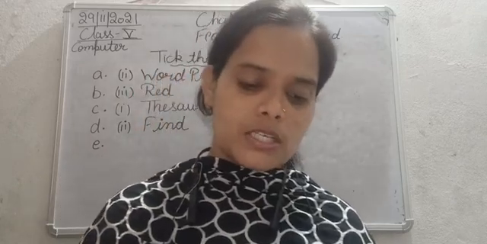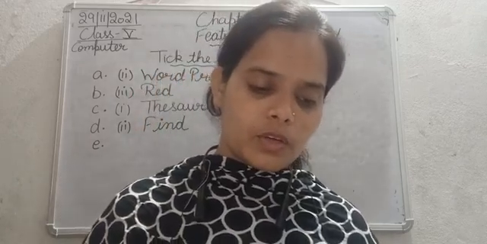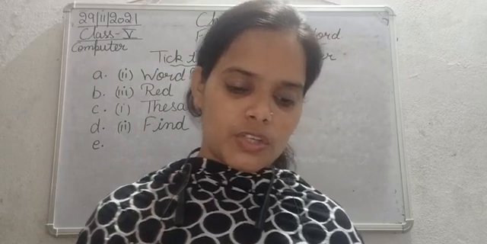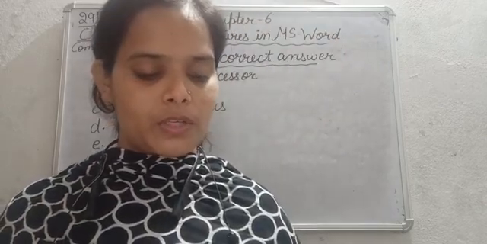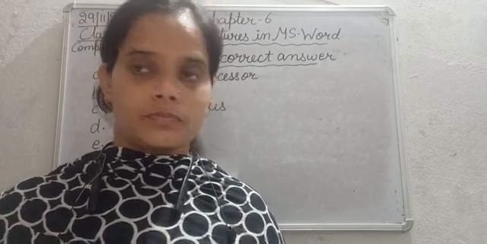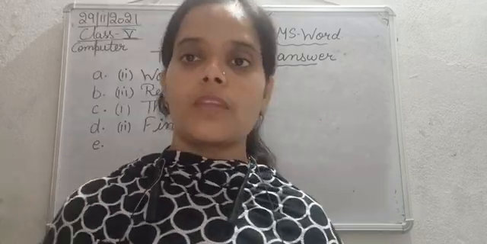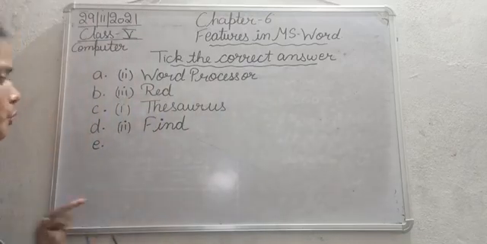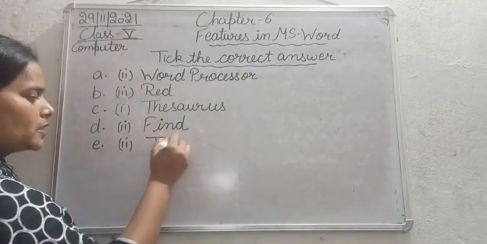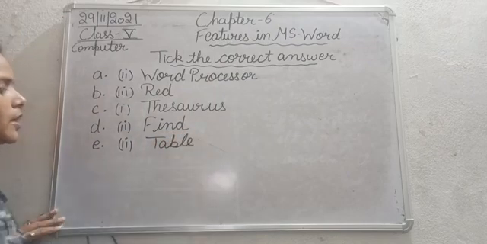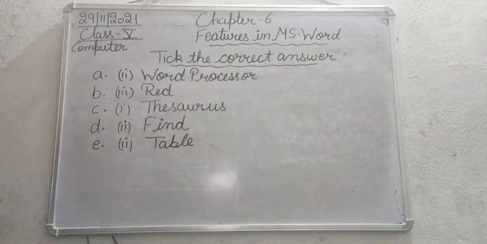The options were spell check, tab or table. So option number 2, that is table. T-A-B-L-E. That is table. So these are the answers from the MCQs.